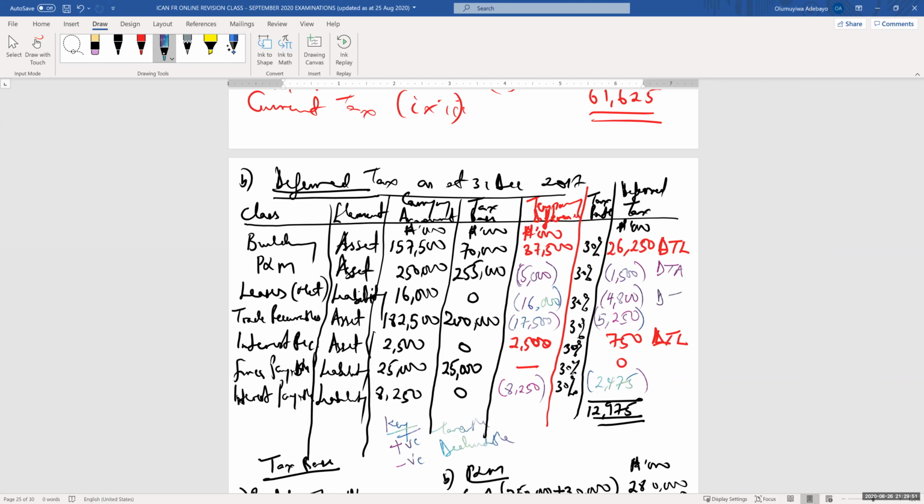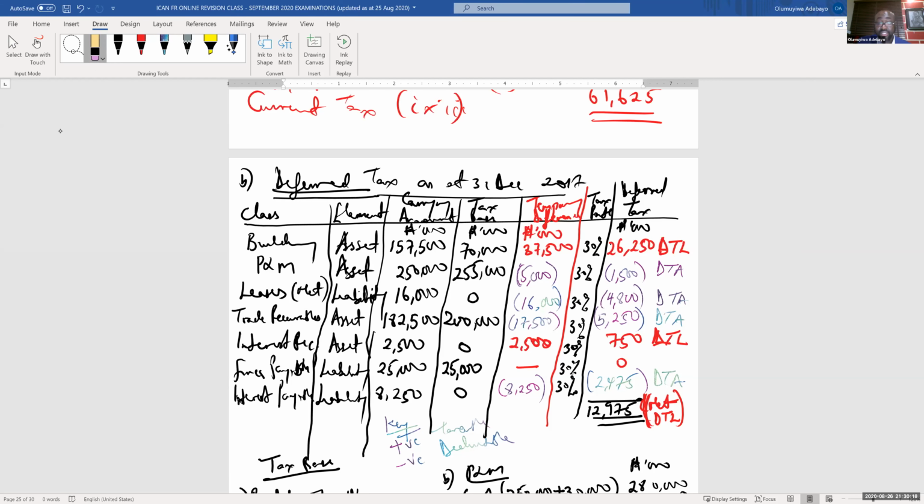Which means net, what do we have? The net position is deferred tax liability. Let me write it clearly.